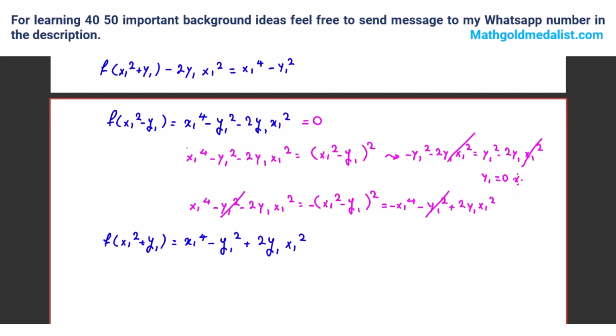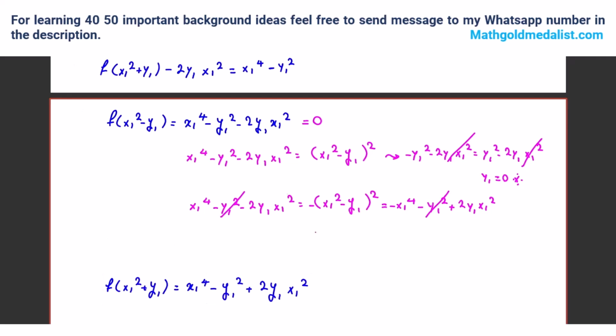And then we can cancel negative y1 squared, and if we take this to the left hand side and this one to the left hand side, it would be 2x1 to the 4 minus 4y1 x1 squared is equal to 0. We can divide both sides by 2, so x1 to the 4 minus 2y1 x1 squared is equal to 0. Because x1 is not 0, we can divide both sides by x1 squared, so x1 squared minus 2y1 is equal to 0. Okay, so we have two cases here.